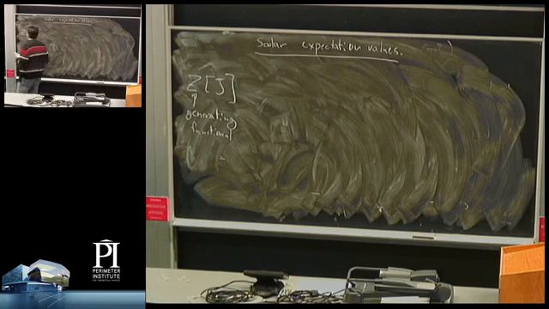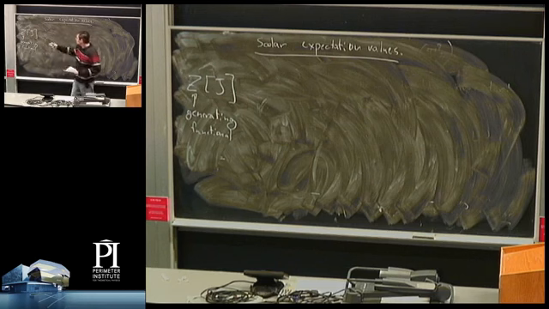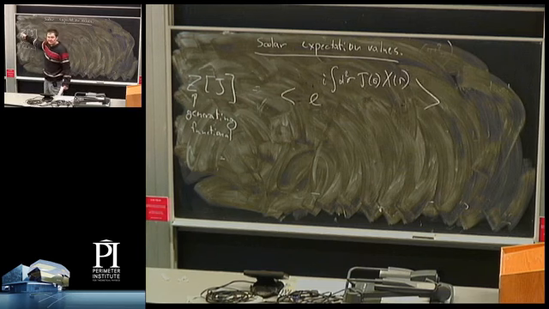So I'm going to introduce an arbitrary source, and I'm going to ask how my partition function depends on the source. This will be a generating functional for the correlation functions, because, as you will see in a second, I can compute various correlation functions by simply taking functional derivatives of this generating functional.